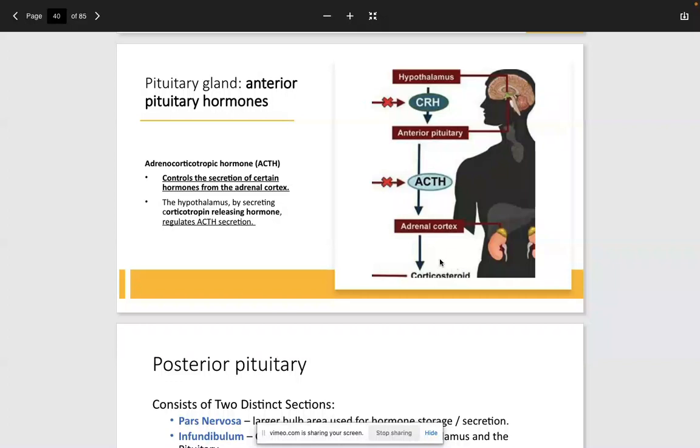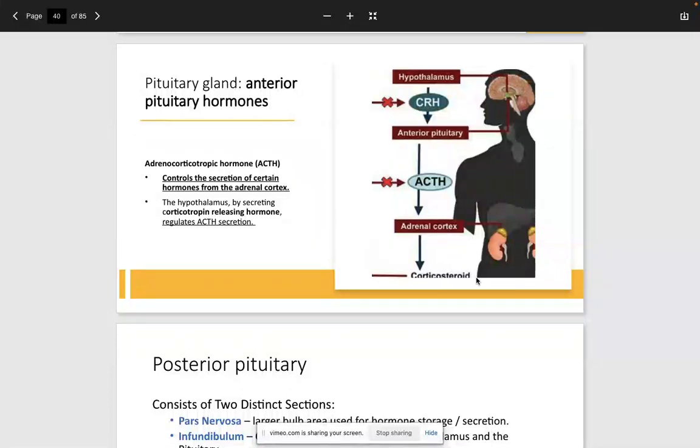Because this does not get produced, there is no negative feedback to shut off CRH production. So CRH is very high within the body. Because CRH is high, what's it going to do? It's going to cause ACTH to be very high. But again, cortisol is not going to be able to be produced.